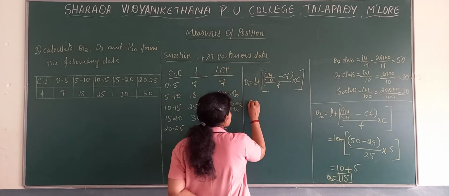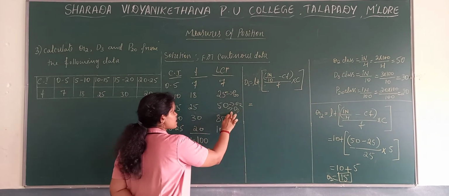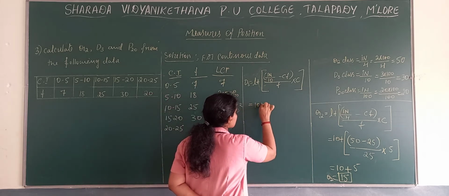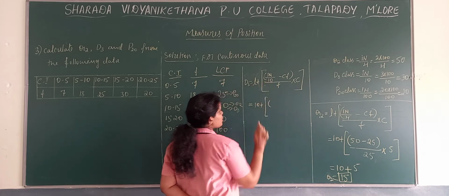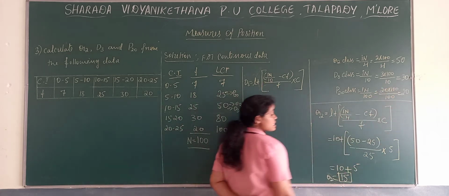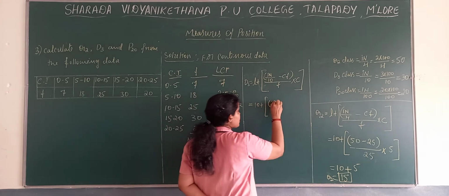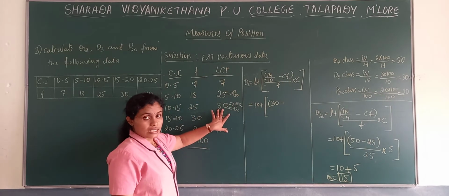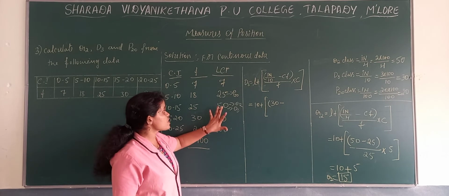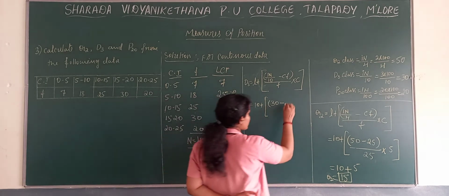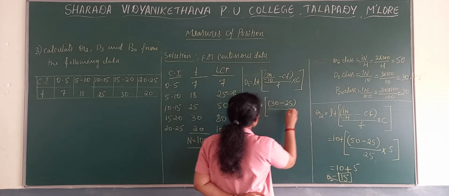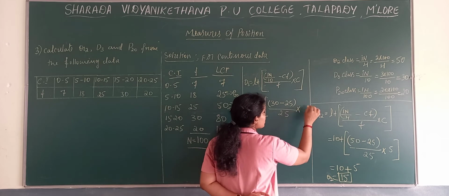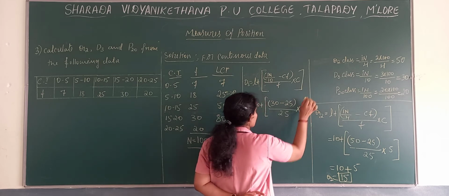Now see, this is the D3 class. The lower limit again is 10, then N by 10 gives the value 30, minus the cumulative frequency preceding the class. The preceding cumulative frequency is 25, and again the frequency of that class is 25, and the gap between the classes is 5.